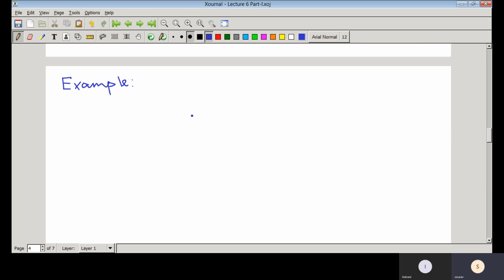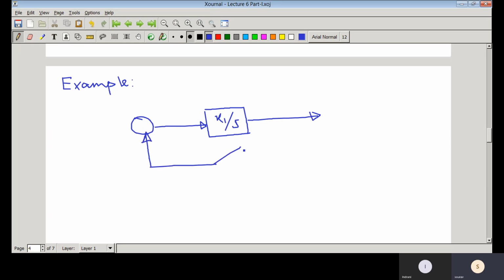Suppose you have a system which is a pure integrator with some gain, K1 by s, and you have closed the loop with a feedback gain K2.